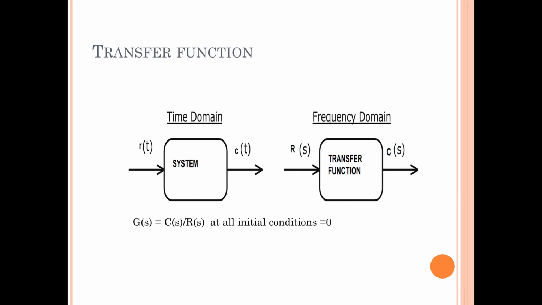Now, in the Laplace domain, we can convert all these equations. So, R(t) becomes R(s) and C(t) becomes C(s). And in this frequency domain, if we find the ratio C(s) by R(s), assuming that all the initial conditions are 0, then the system will be represented by the transfer function.